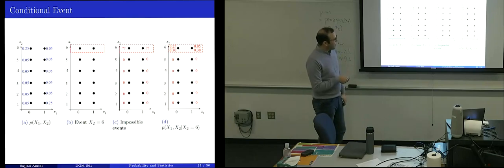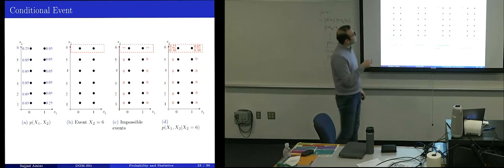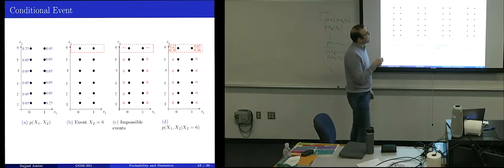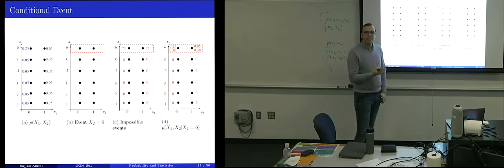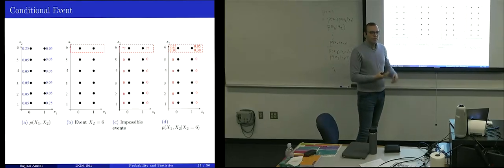So, if I said that x2 is equal to 6, it means that one of these two have happened. So, I can easily put the other elements' probability to 0. But what happened to these two? What is a generic way to update these two?